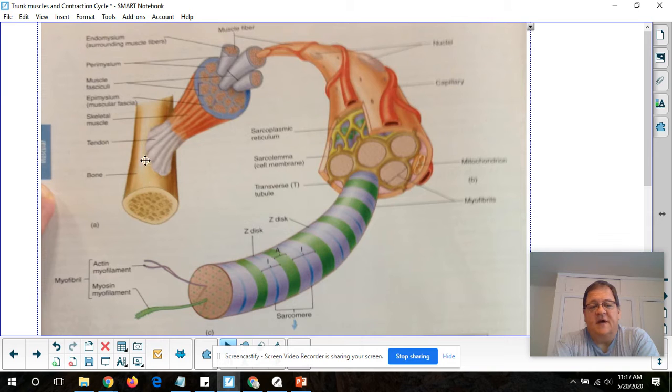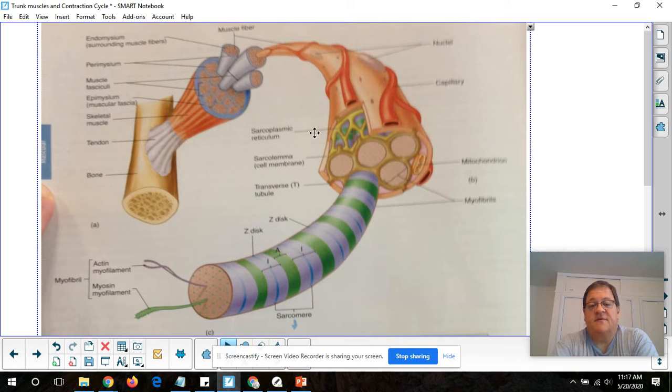So here you can see we've got the bone to the tendon to the epimysium, the muscle bundle to the fascicles, to the muscle fiber. We stretch that fiber out. You can see the myofibrils inside the fiber, the nuclei on the outside of the fiber. We're talking about skeletal muscle. One of the traits of skeletal muscle was that they were multinucleated.